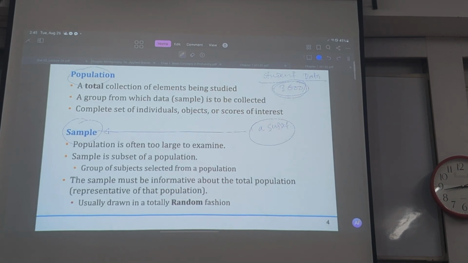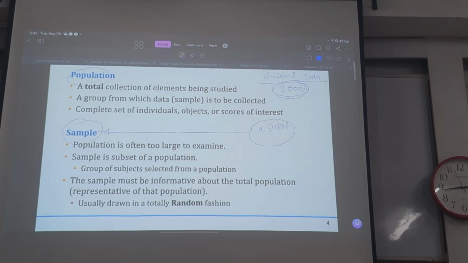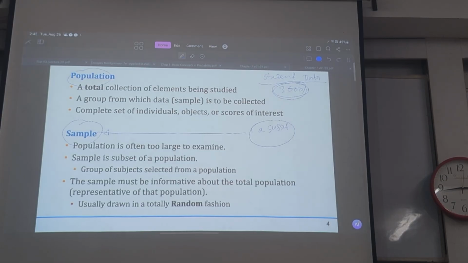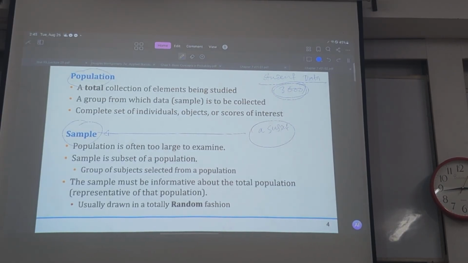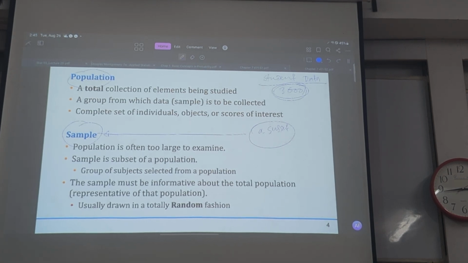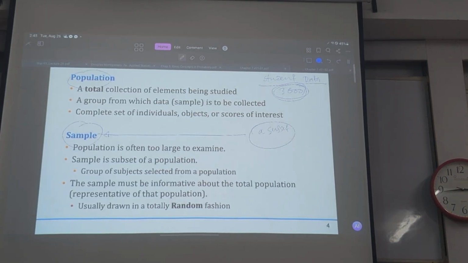So what do you want to call it in the class? You should not. If it is related to, if you want to leave, I don't have any problem. But a phone call is not supposed to come during the class. What is it? A prescription?